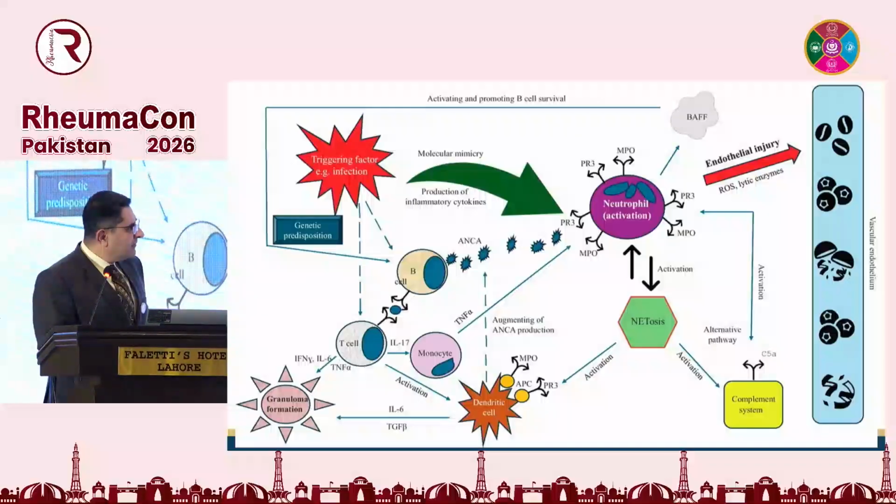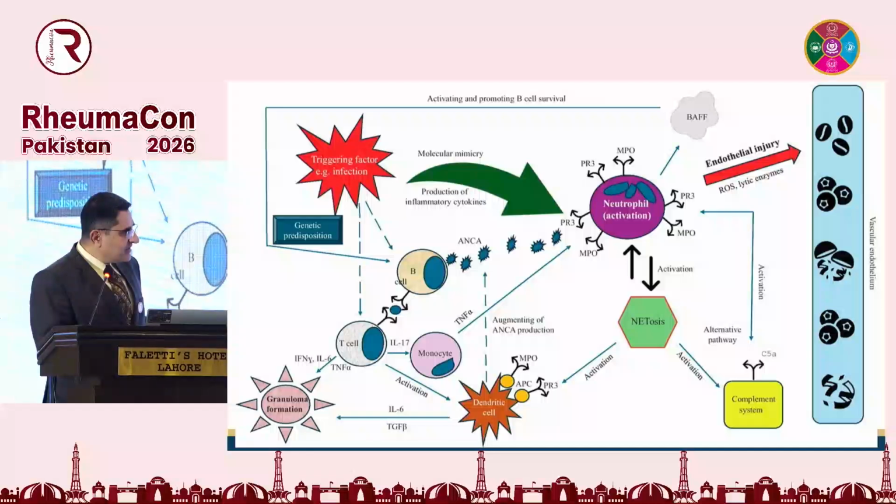antibodies, and they combine and further trigger chemoattraction with formation of neutrophil extracellular traps, which are deposited in the vessel and cause intense inflammation.